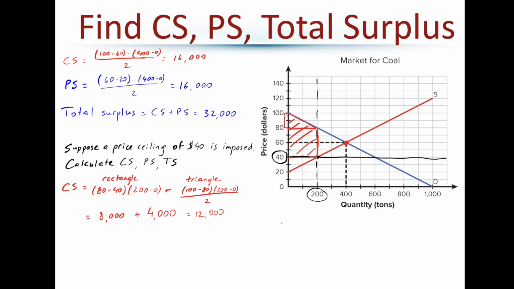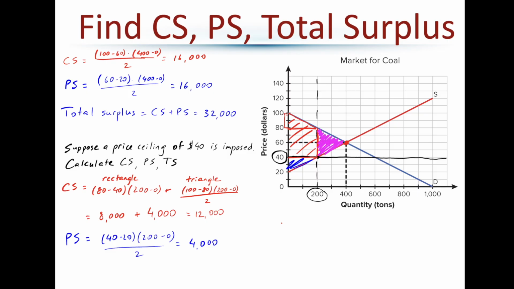What about the producer surplus? Producer surplus would be the area, this blue area here, which is 40 minus 20 times 200 minus 0, divided by 2, which is equal to 4,000. So now you can see that both consumer surplus and producer surplus are lower, and that is because of the missing trades that occurred.